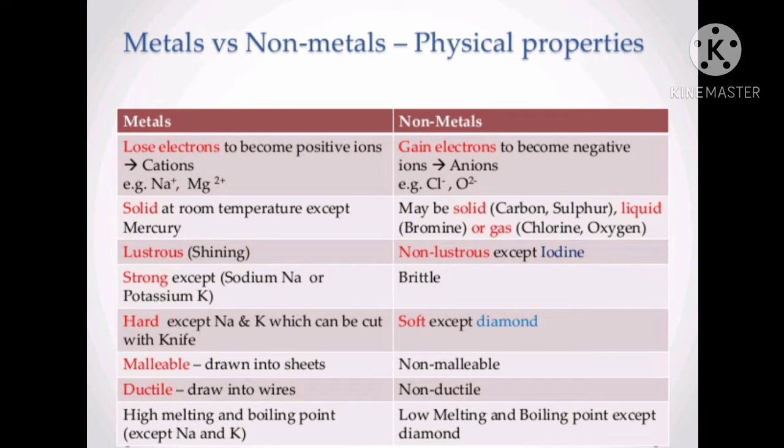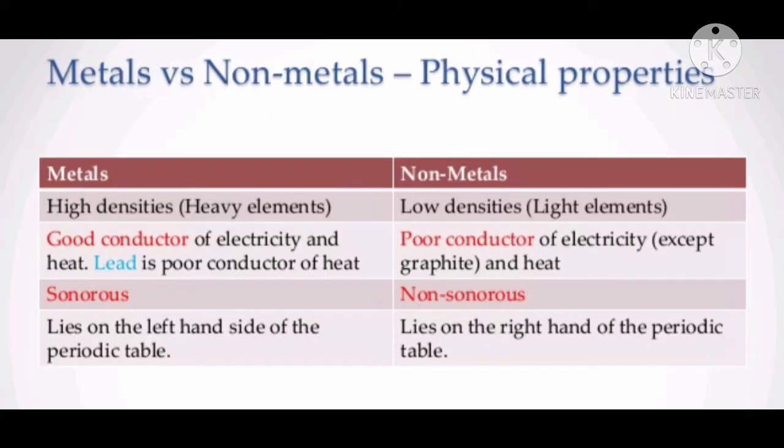Each form is called an allotrope. Diamond, an allotrope of carbon, is the hardest natural substance known and has a very high melting and boiling point. Graphite, another allotrope of carbon, is a good conductor of electricity.